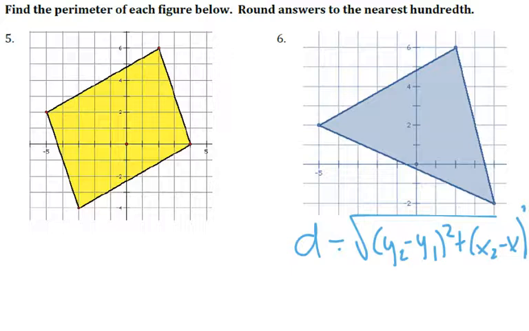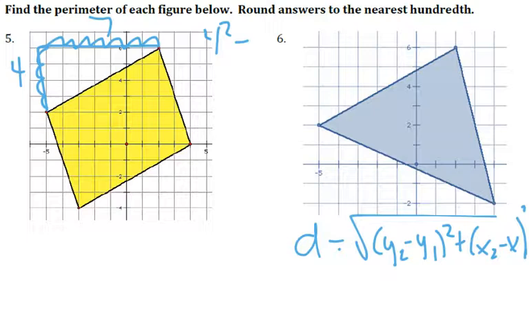Or we could use the Pythagorean Theorem and make this into a right triangle, the distance of 1, 2, 3, 4. 1, 2, 3, 4, 5, 6, 7. It's the same thing. It's really all what you want to do. So I'll do one each way. So I like the Pythagorean Theorem way better because it seems easier to me.